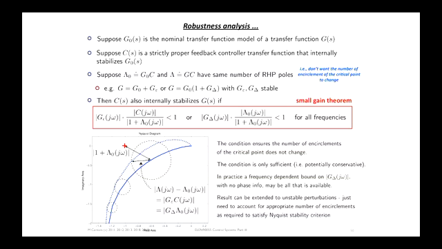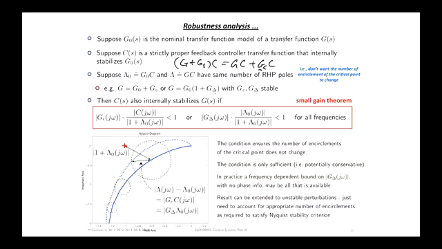We're putting in G plus G epsilon C, and that's just G C plus G epsilon C. And so we have an additive perturbation here that's stable. It's not going to change the number of right half plane poles, and the same for this.